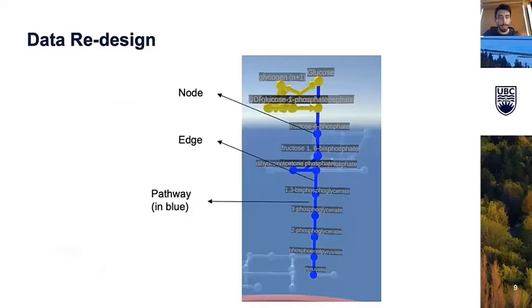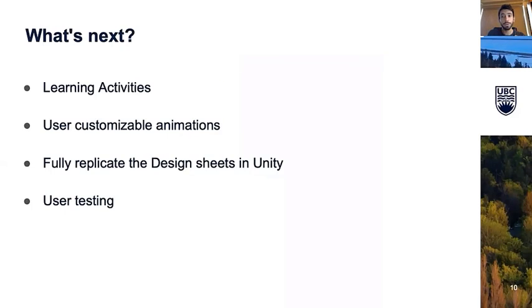In this picture you can see the pathways in blue. The nodes are the ball things, and the connections are the actual edges. This gives us a lot of opportunity to play around with data and to give customization ability to the user. Which brings me to what is next for our application.